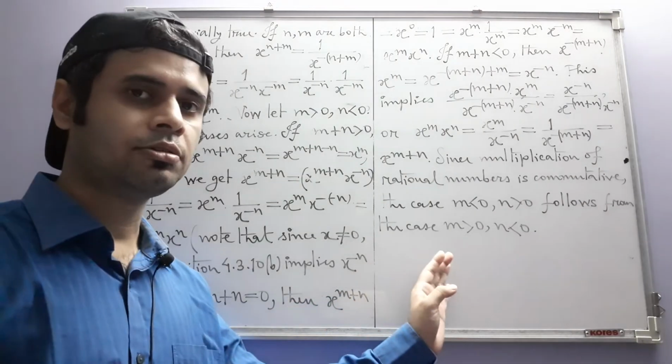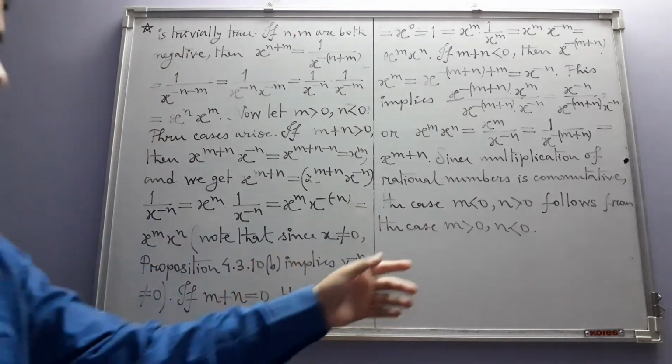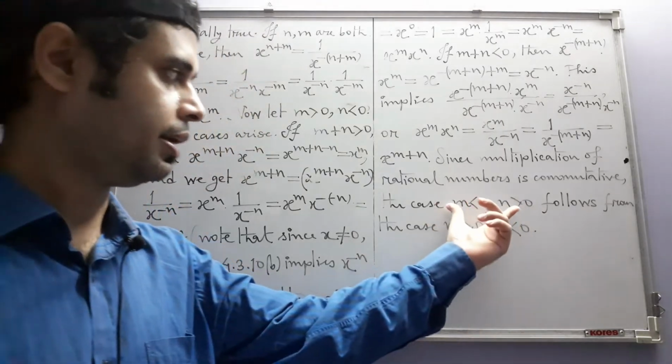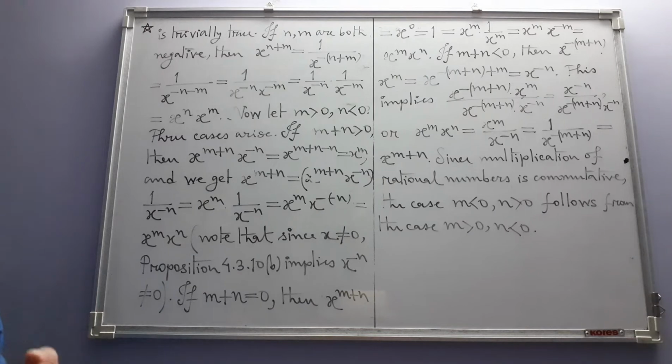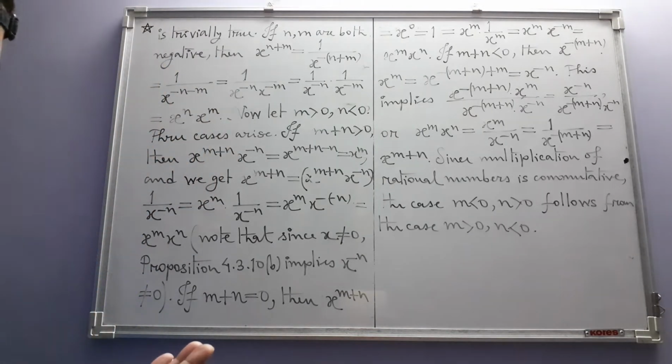I leave it to you to figure out what I have written here and why we don't really need to look at this case. It is a consequence of the above case because multiplication of rational numbers is commutative, and that's just it. We have seen all the cases.